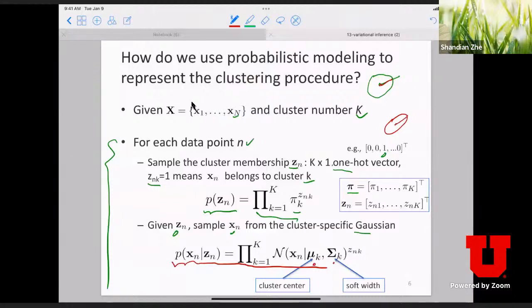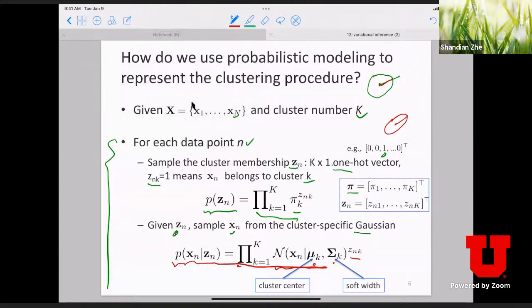And here, for a convenient representation, because we need to consider the case that Zn indicates data point n belongs to the first cluster, second cluster, or kth cluster, we can just multiply all these cluster-specific Gaussians to the power of Znk. Remember, this is just a one-hot encoding, so each Znk is either 0 or 1, but only one Znk is 1, indicating its true membership.